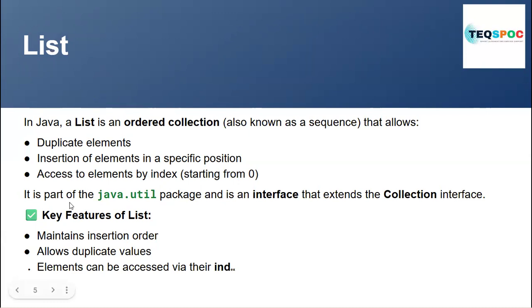It is a part of the java.util package, and it is an interface that extends the Collection interface, as I have told you already. The key features of list are: it maintains insertion order, it allows duplicate values, and elements can be accessed by the index number.